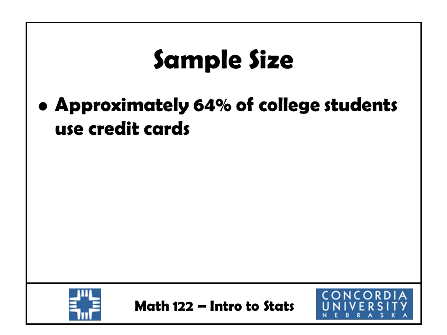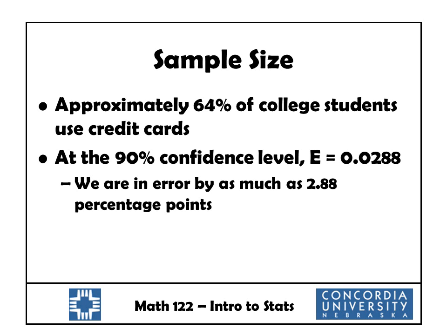That was our sample proportion. At the 90% confidence level, we calculated E to be 0.0288. That means we are in error by as much as 2.88 percentage points. Here we're trying to estimate the population proportion.